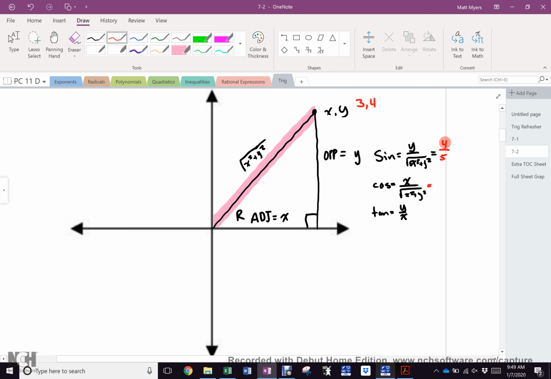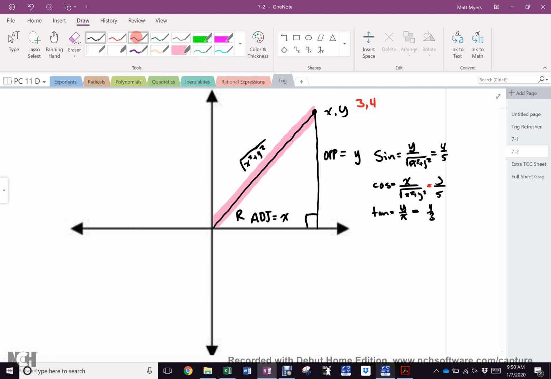Oops, I should be using black because we're doing the black reference angle here. 4 over 5. What's cos? What's adjacent? 3, because it's x over 5. And what's tan? Which is y over x, which is 4 over 3. Is everybody cool? Everybody good?